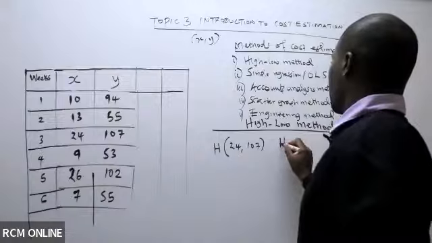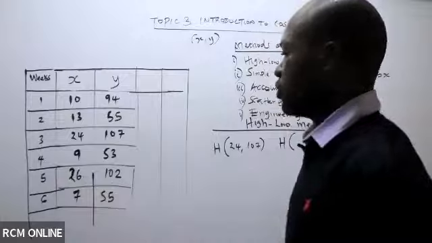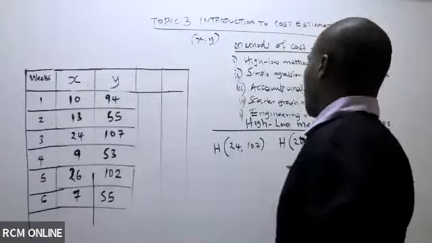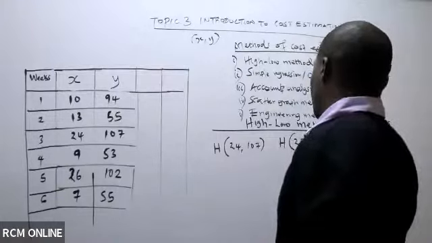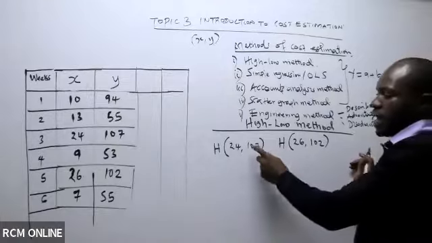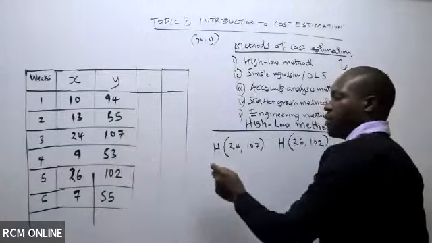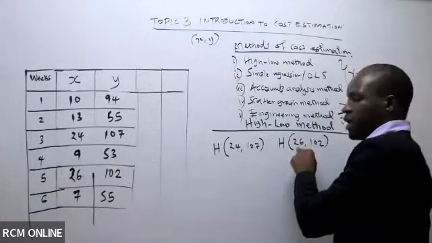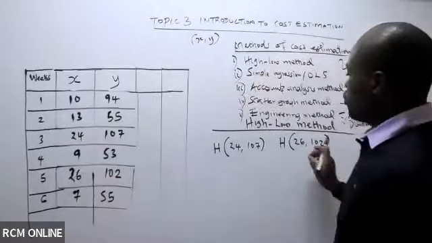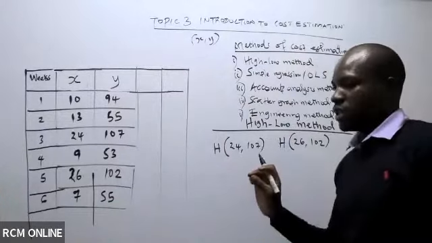The highest value should be 26. So we'll be talking about 26, 102. These two people are actually right, because this is the highest value, 107, and this is also the highest value, 26. They only need some adjustment to get the difference.